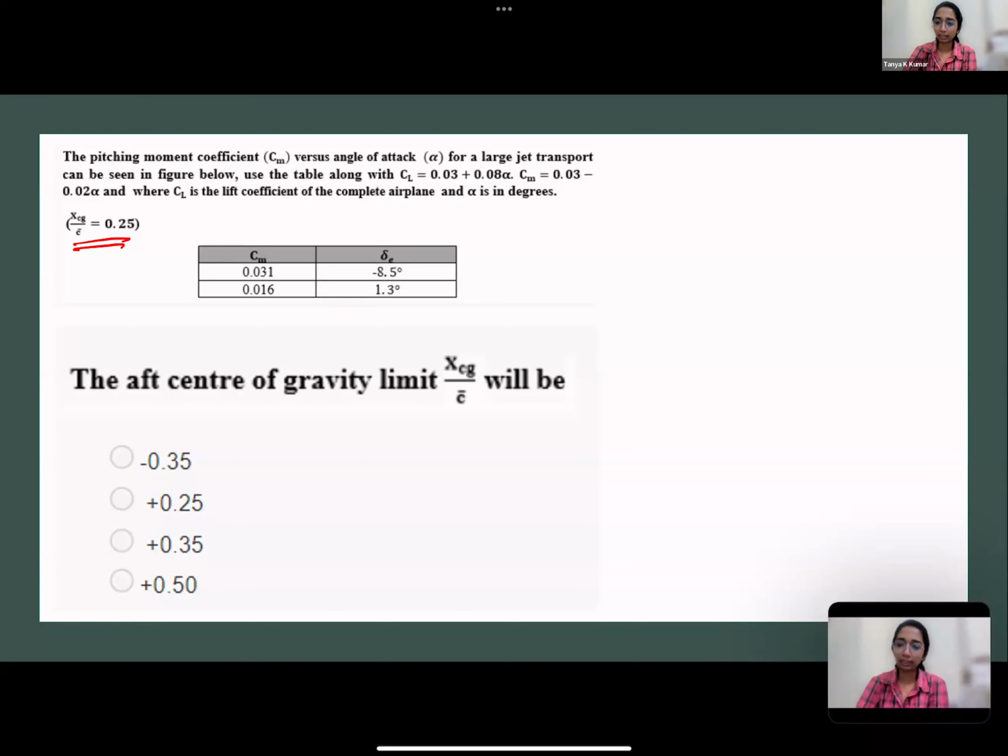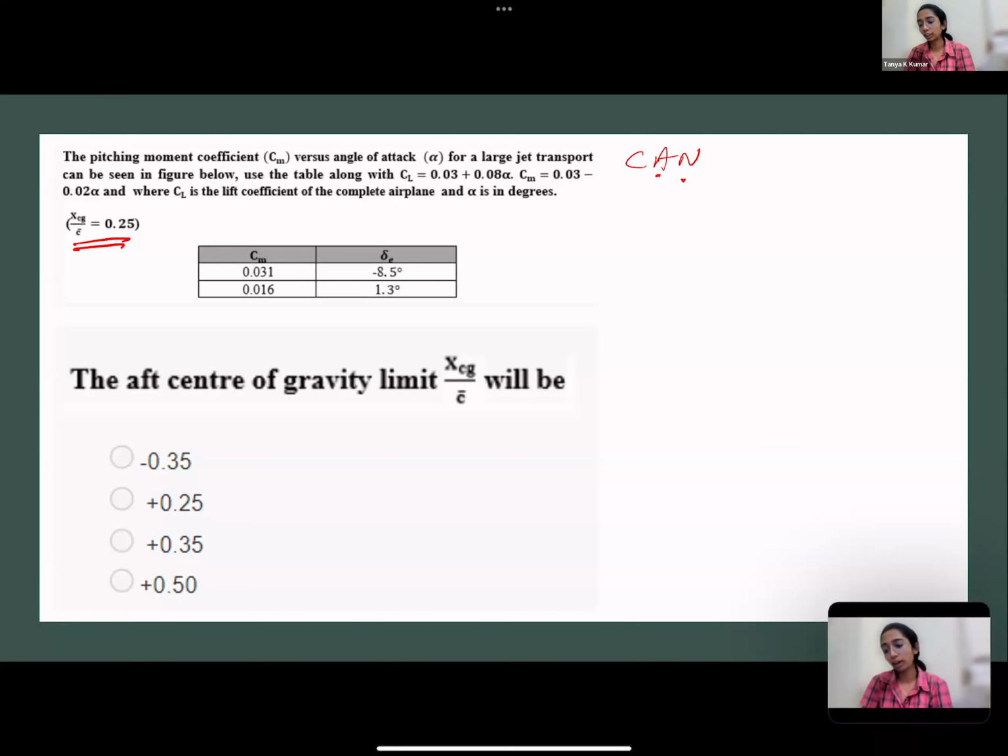You remember that simple word that I told you, CAN, for stability? Your CG should be, if it is just a wing, ahead of AC. If it is an aircraft, CG should be ahead of the neutral point. This is the condition for stability.